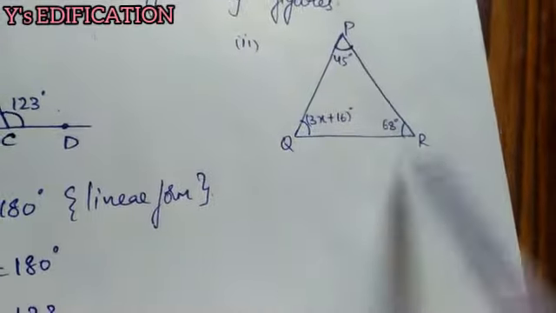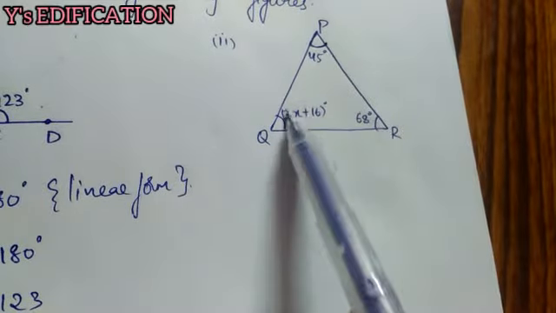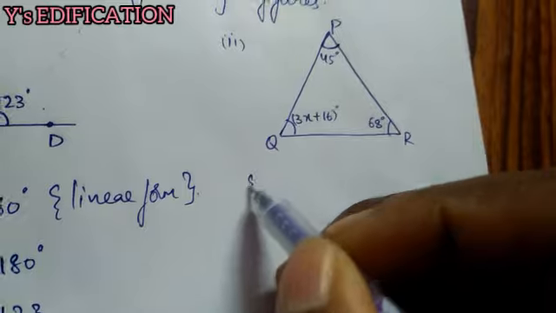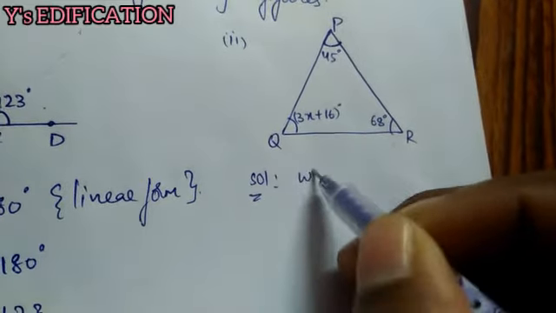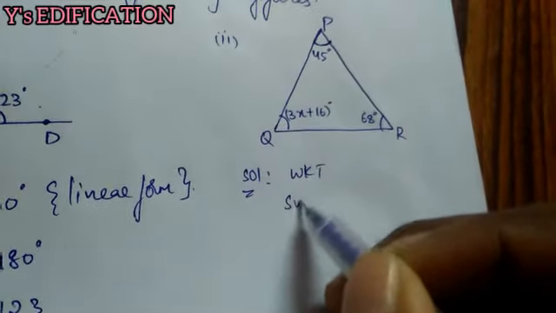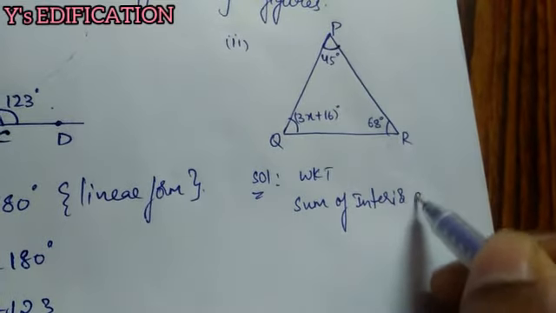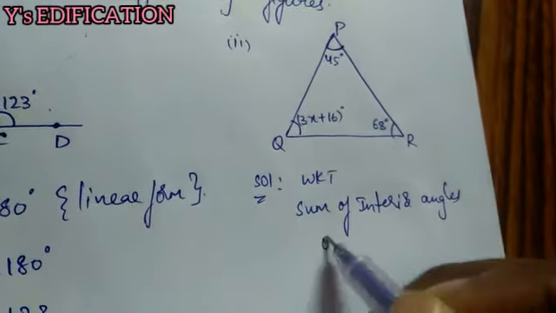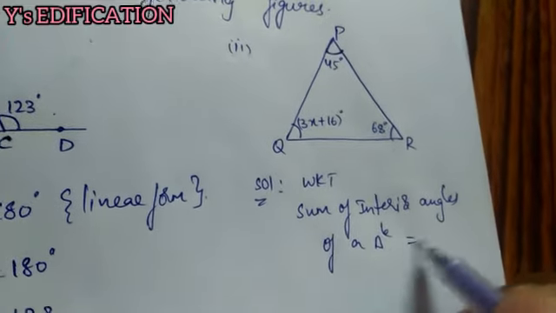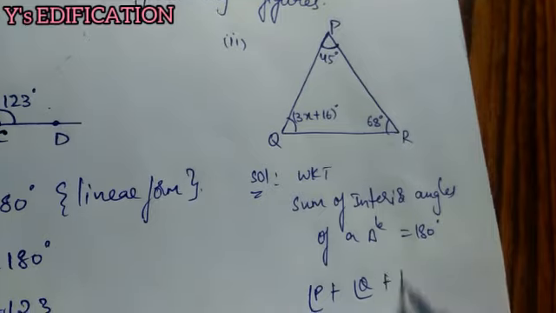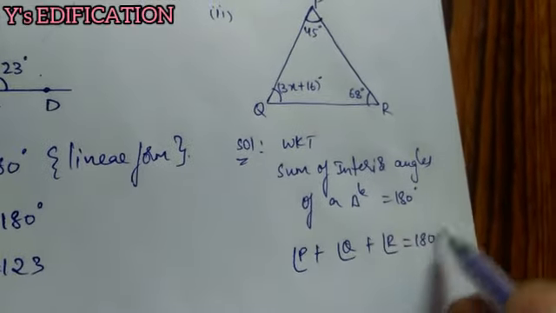In the same way we'll solve the next problem. P, Q, R. This is a very simple problem. You can see all the interior angles, so we have to add all these interior angles. As we did in the previous problem, we already know that the sum of the interior angles of a triangle is 180 degrees. So angle P plus angle Q plus angle R is 180.